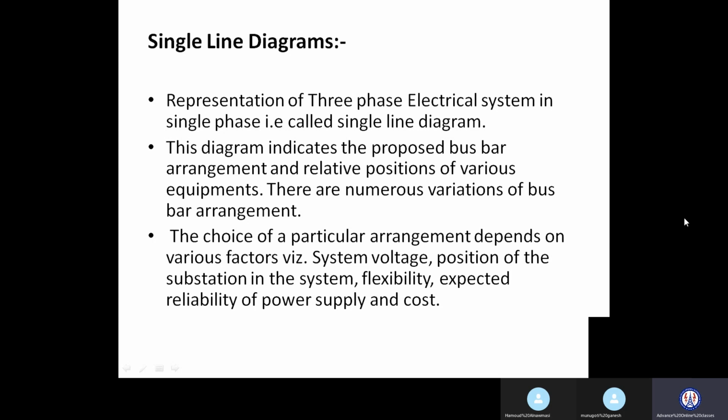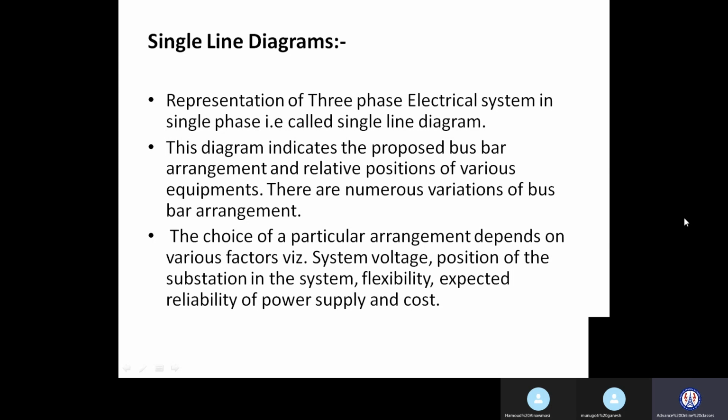A single line diagram represents technical parameters, meaning voltage, frequency, fault current, power and rating. It also represents component details, meaning the major components in your system: the rating of a breaker, CT, PT, transformer, motor and generator you are using.